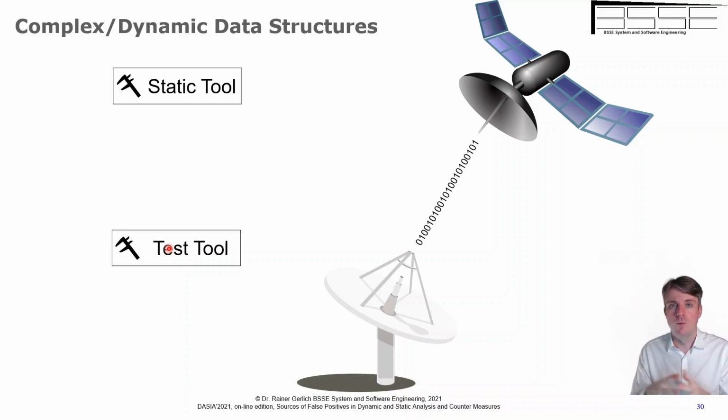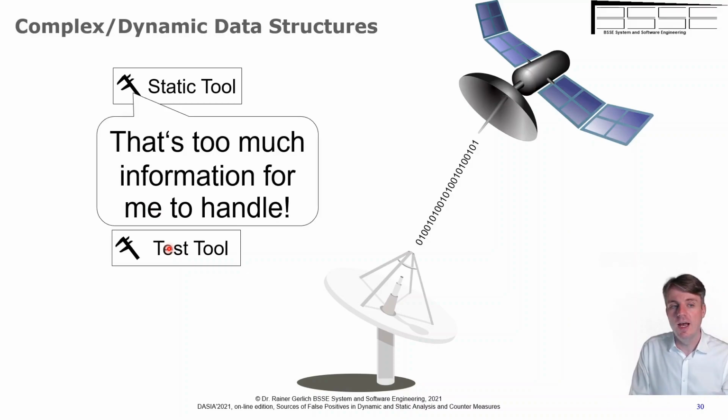Another example would be configuration data or your data pool. And static tools have problems with that because it's an insane amount of information that has to be specified here, and that may be too much information for a static tool to handle. It's essentially context information, and that may be dropped.